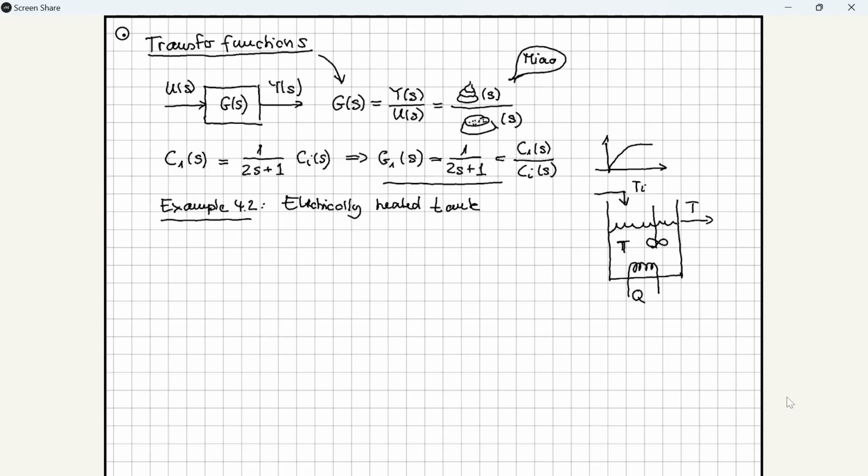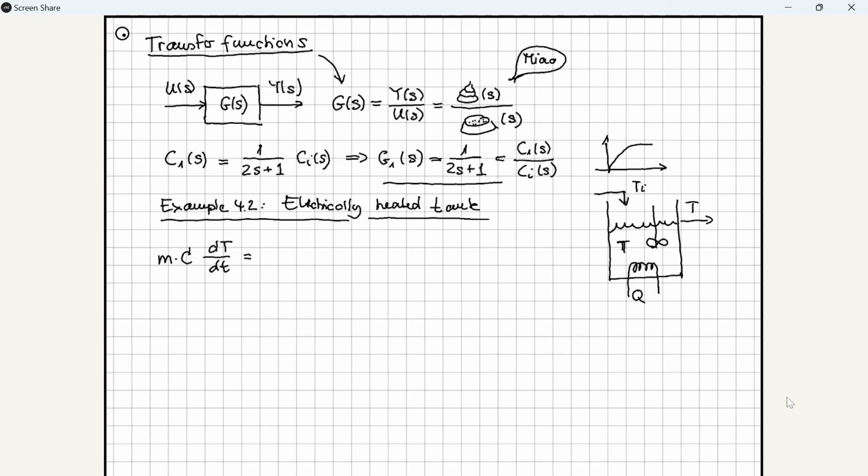In the previous sections 2 and 3, some equations were derived that describe this example. This is M times C, where C is the heat capacity and M is the mass in the tank, dT over dt, so the temperature over time.